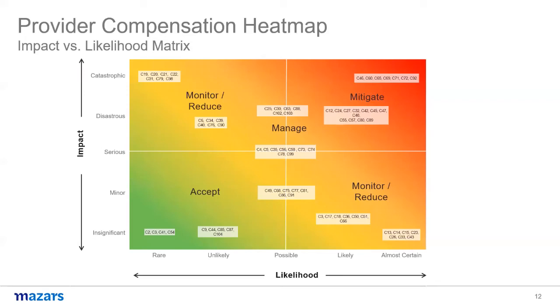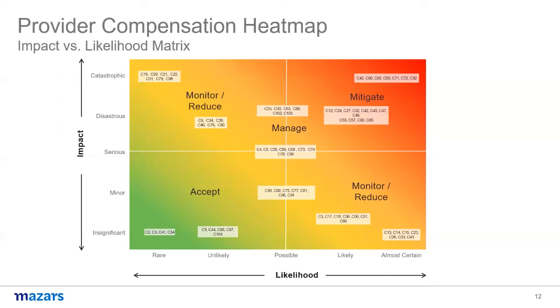So using this heat map, the hospital executives and compliance officers were able to measure and prioritize their risks, and they were able to shift their focus to reviewing and updating the provider compensation arrangements that you would see in the upper right quadrant. They did those first, and then they were able to work backwards to mitigate, monitor, and manage their contracts that were mapped in the other quadrants.